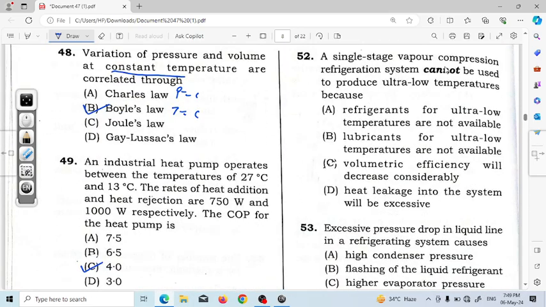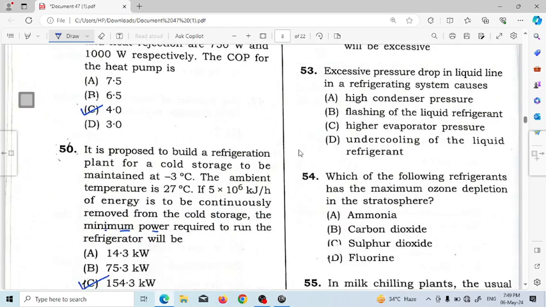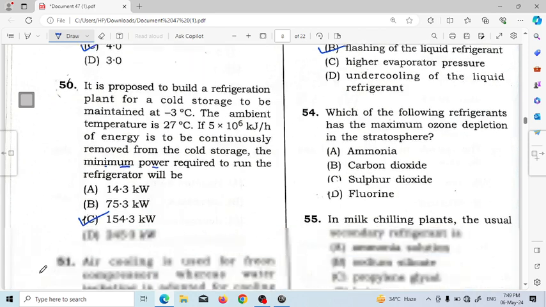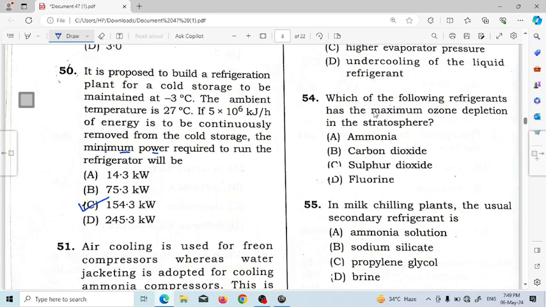A single stage vapor compression refrigeration system cannot be used to produce ultra low temperature because volumetric efficiency decreases considerably. Next, excessive pressure drop in the liquid line in a refrigeration system causes flashing of liquid refrigerant. Next, which of the following refrigerants has maximum ozone depletion in the stratosphere?